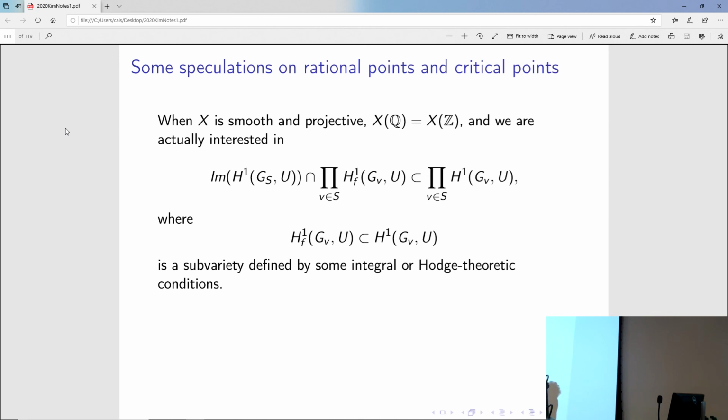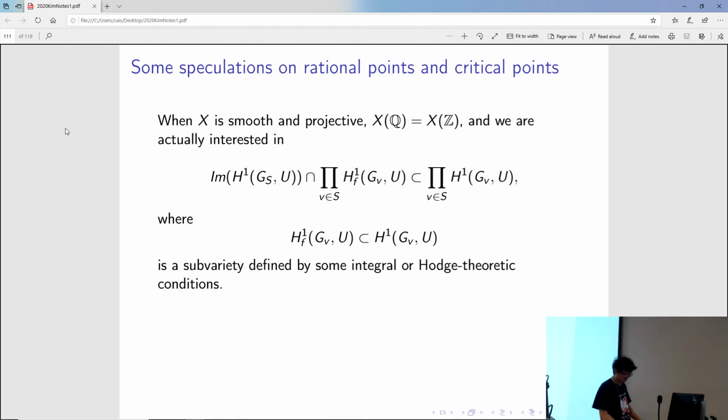So inside this space of local principal bundles, you have the image of localization, but there are also these extra conditions coming from p-adic Hodge theory or unramifiedness type of conditions. So that's what I'm writing all at once as H^1_f. Yeah. So it's actually an intersection. Earlier on, when I put f under the H^1 and defined the Selmer scheme, I sort of left out the fact that we were actually taking an intersection. But what I'm claiming is that it's good to think about the intersection structure as being an extra structure.